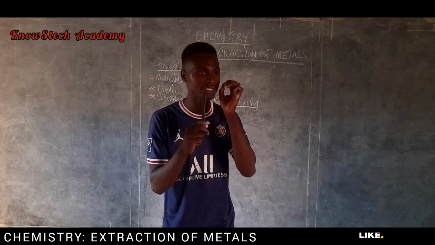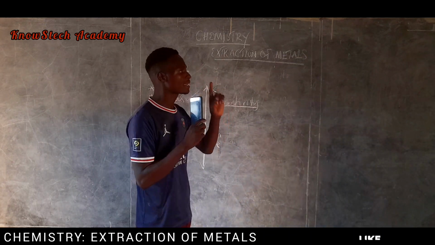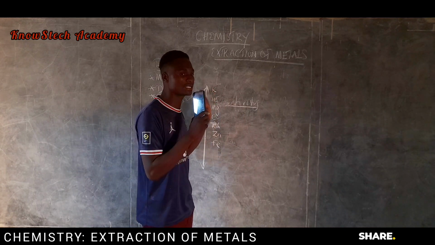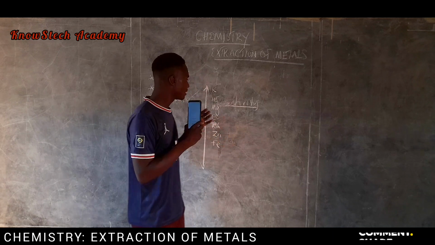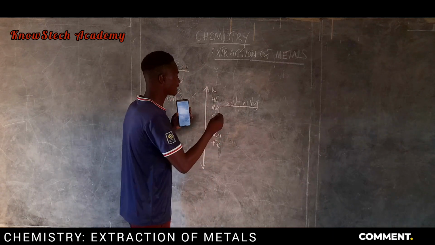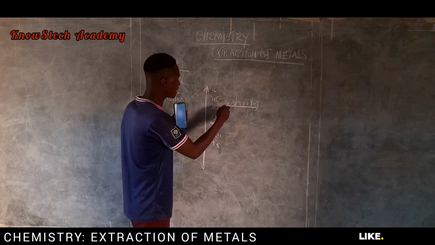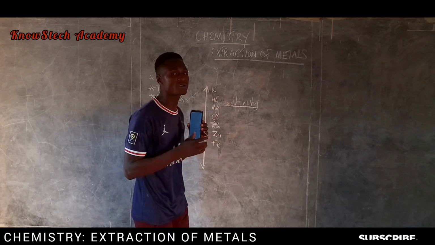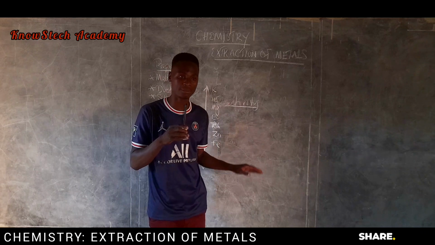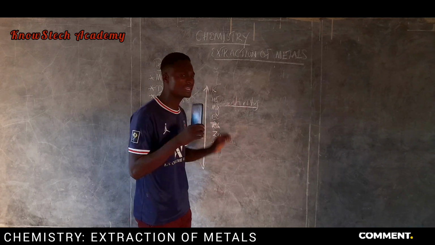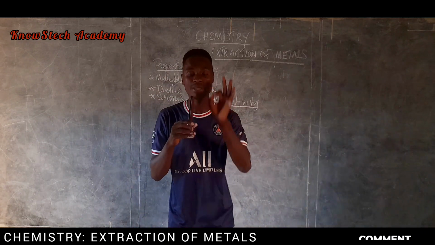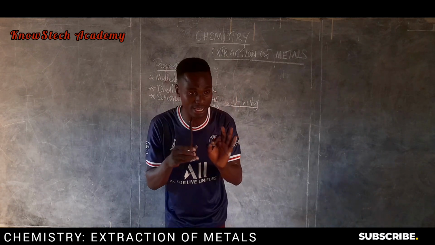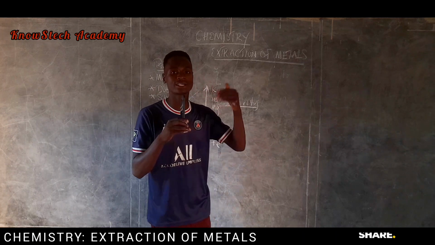Number one, the position of the metal on the reactivity series. The first 5 elements, potassium, sodium, magnesium, calcium, and aluminum, are the most reactive metals on the reactivity series. Therefore, they can only be extracted by electrolysis, where you apply electricity.